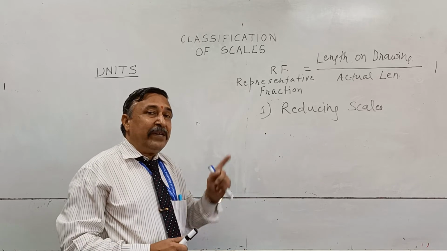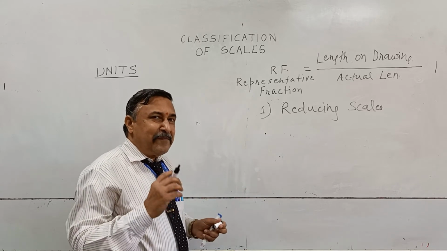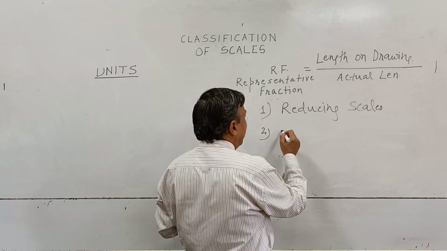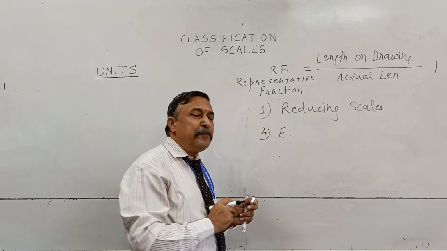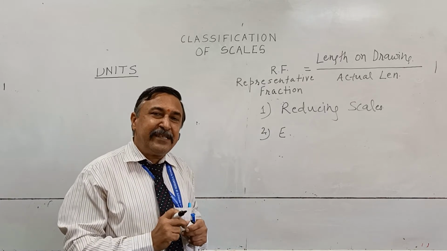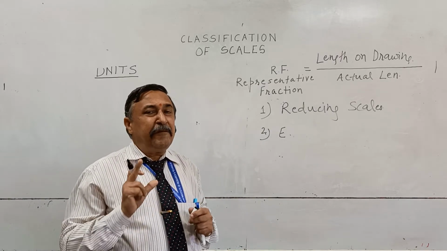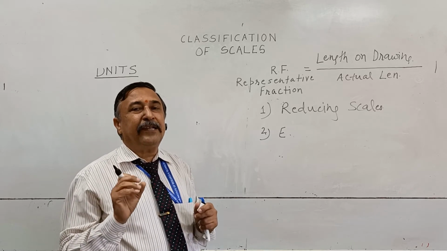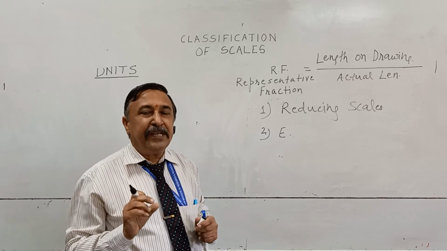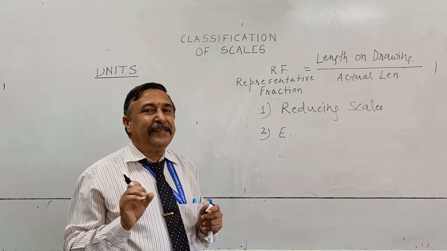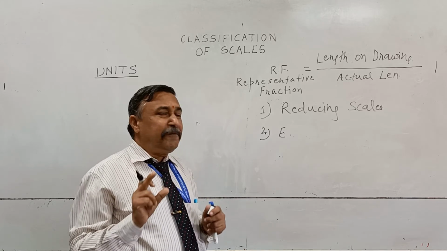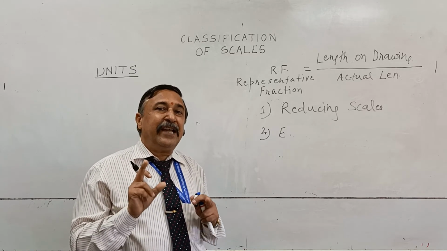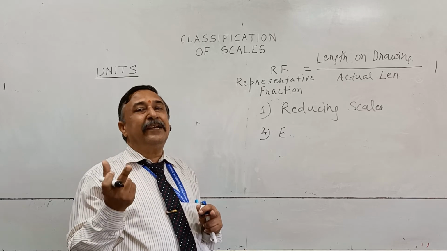Now like this, we can enlarge the distance also. Just think, for which type of object we have to enlarge the distance. For example, if you want to draw very small parts, like parts of a watch, electronic parts, ICs, then we have to enlarge the distance.